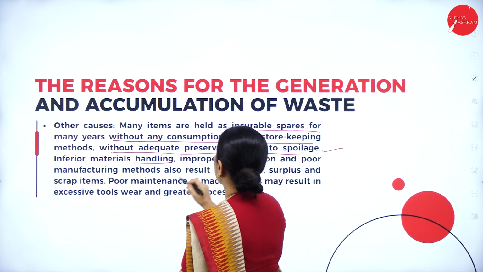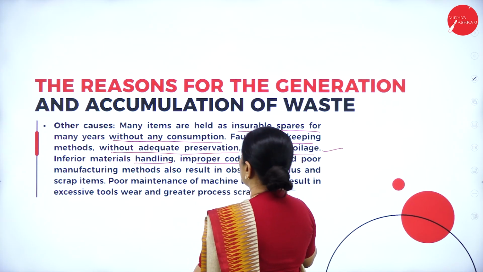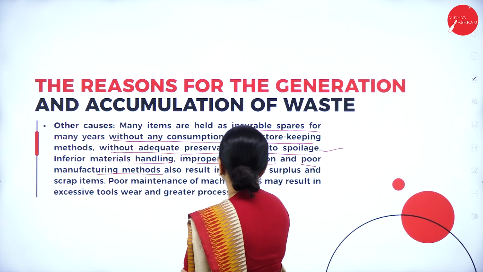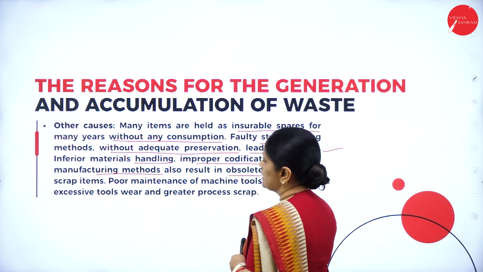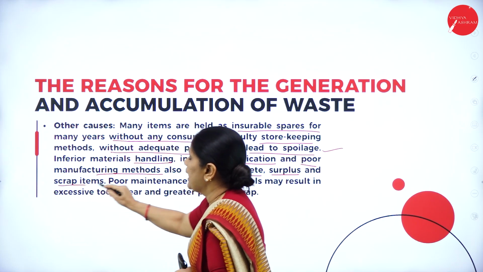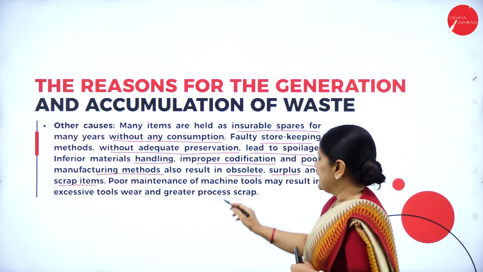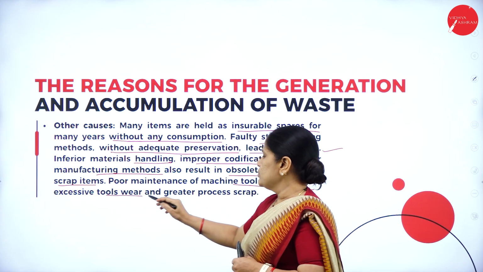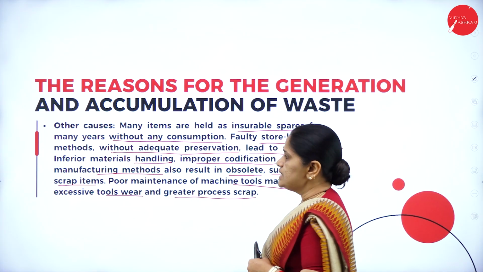Inferior materials handling, improper codification, and poor manufacturing methods also result in obsolete, surplus, and scrap items. Poor maintenance of machine tools may result in excessive tool wear and greater process scrap.